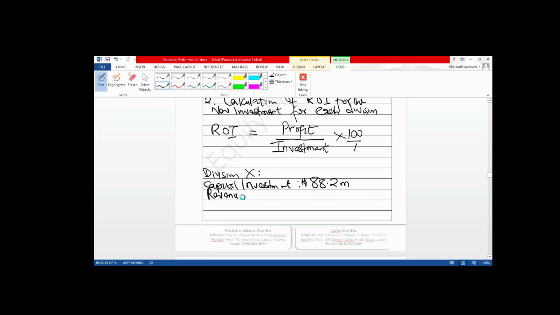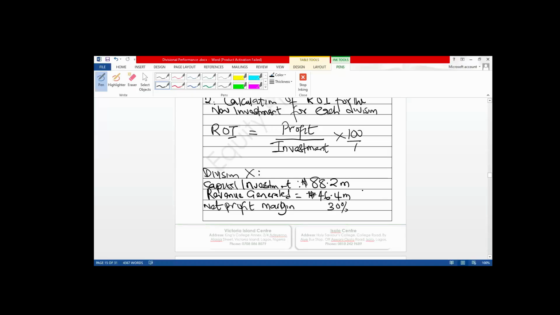Revenue generated, 46.4 million. Net profit margin, 30%.